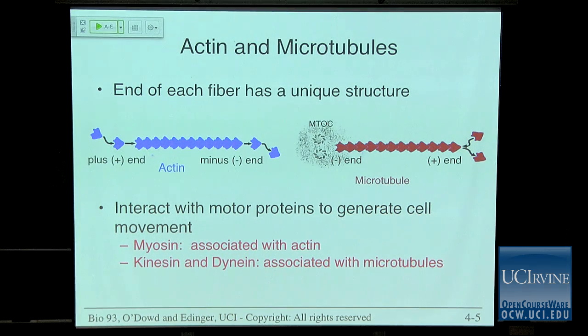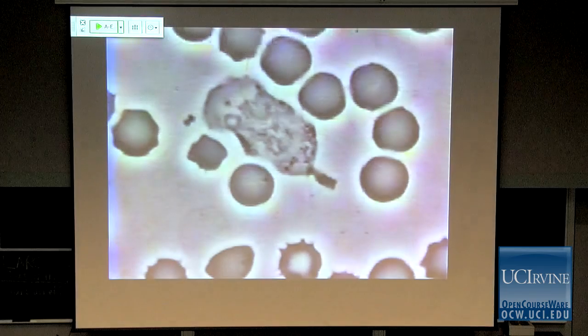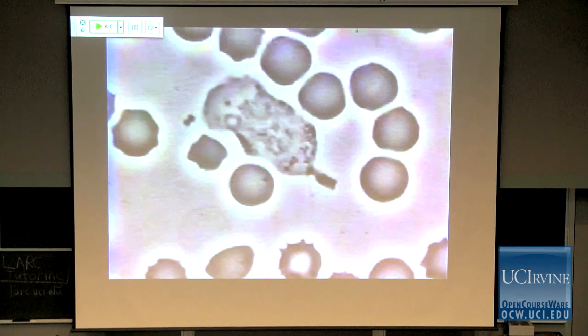Okay, and the 4th thing that they have in common is that they both interact with motor proteins to generate cell movement. Myosin is the motor protein associated with actin, and kinesin and dynein are the motor proteins associated with microtubules. Okay, so I'm going to show you this movie just very briefly again.